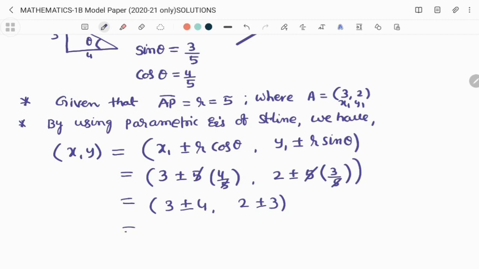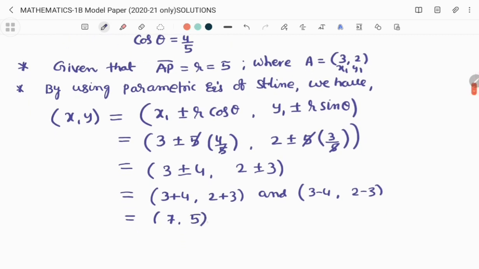If we consider plus in the x coordinate and y coordinate, 3 plus 4 comma 2 plus 3, and if we consider minus, 3 minus 4, 2 minus 3, which is equal to 7 comma 5 and minus 1 comma minus 1.